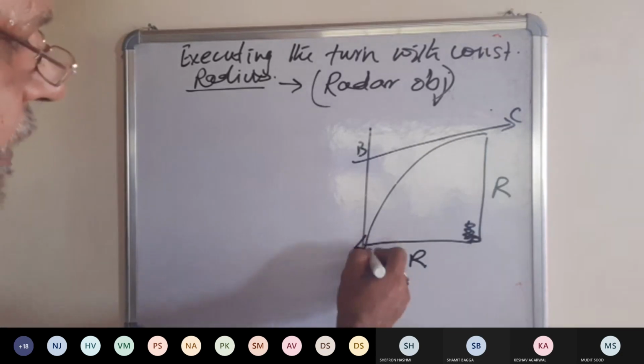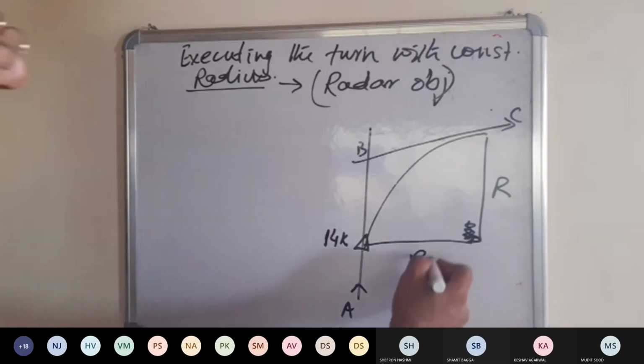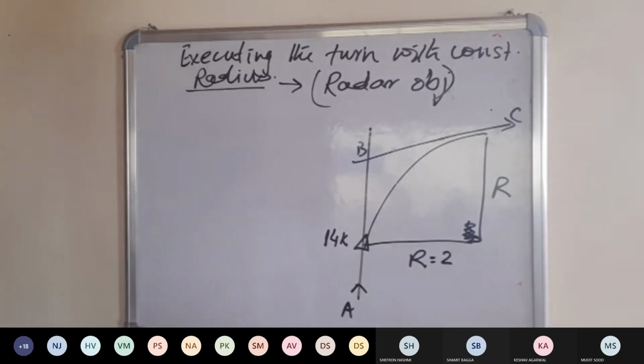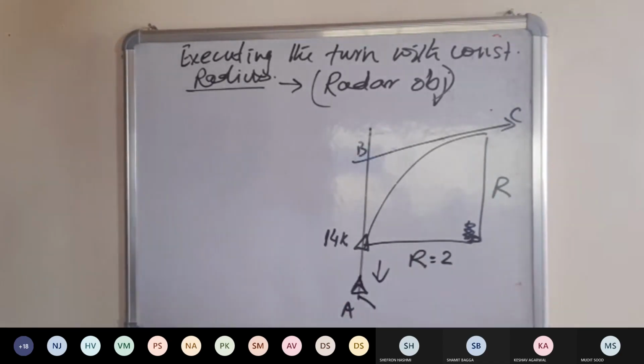When the vessel is here, let us say the speed is 14 knots. The radius is 2 miles. So when I give the rudder at this place somewhere before, what do you think should be the ROT that I should attain at this place?